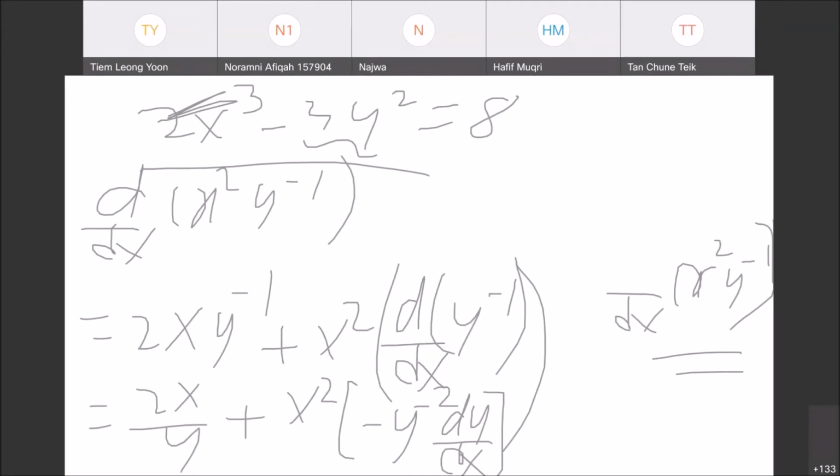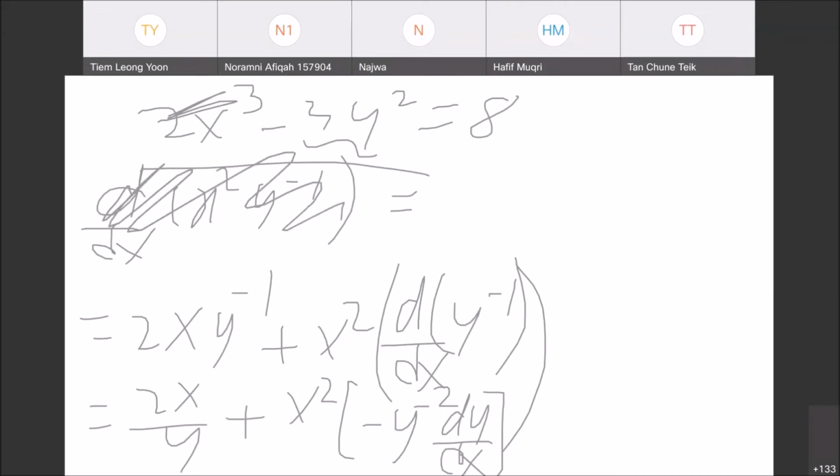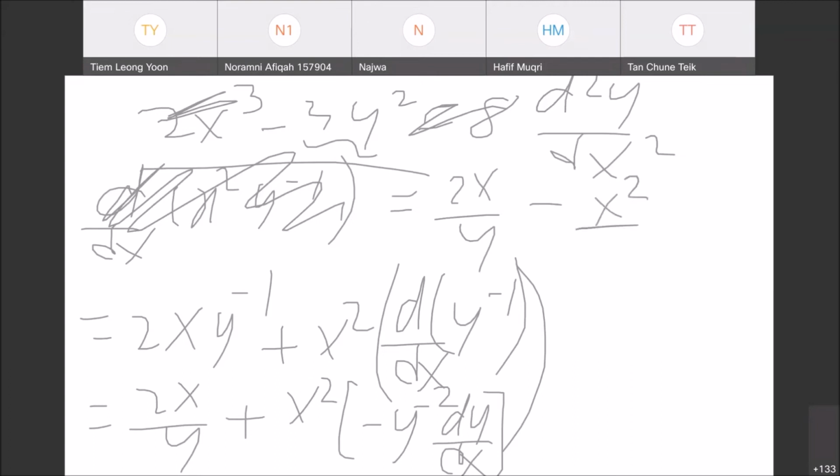So d2y/dx squared is just equal to 2x over y minus x squared over y squared times dy/dx.